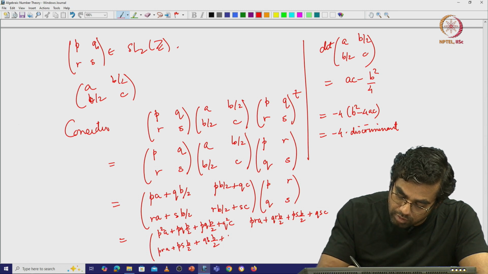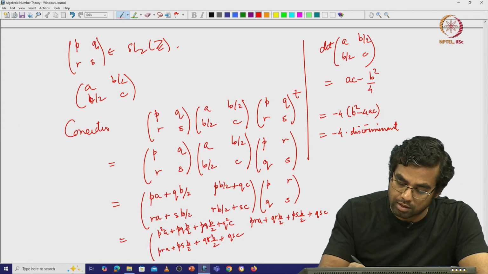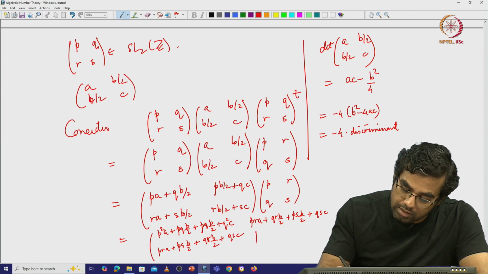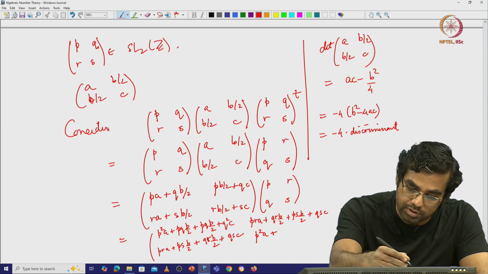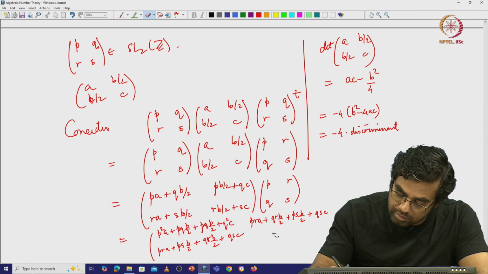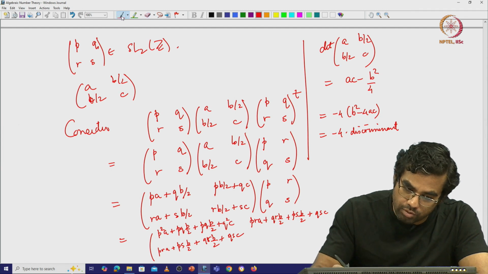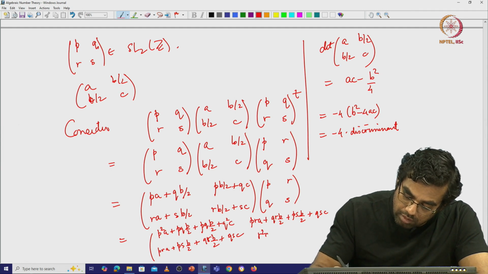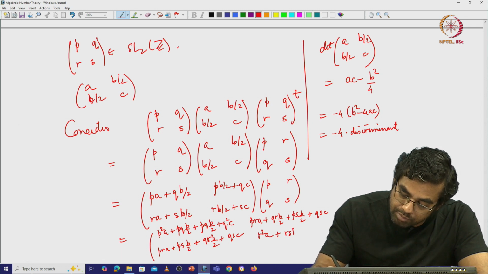So this should be q r b by 2 and then q s c. Yeah, so that's fine. And then not p square a, sorry. What am I saying? This should be r square a plus r s b plus s square c, right.